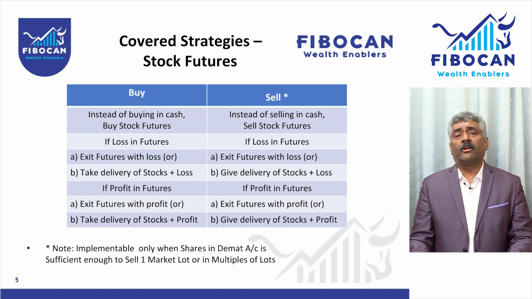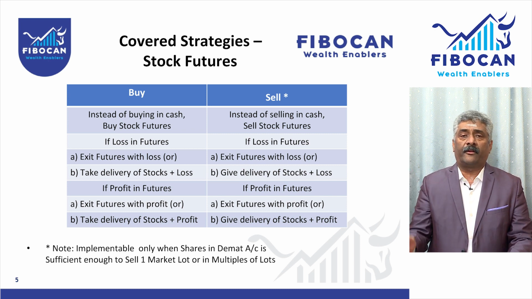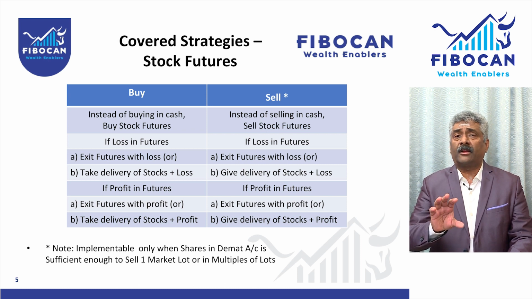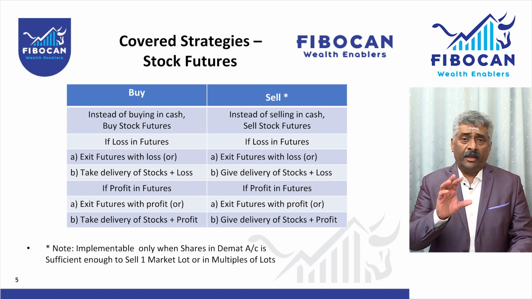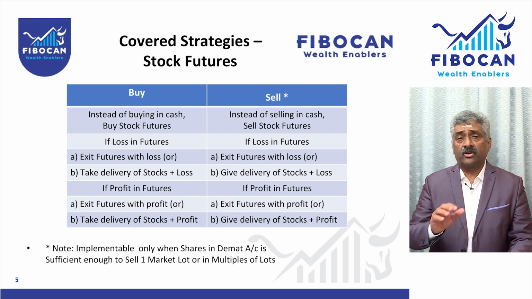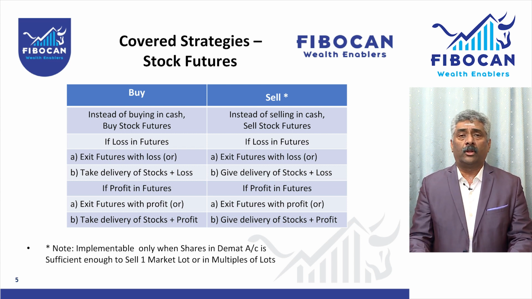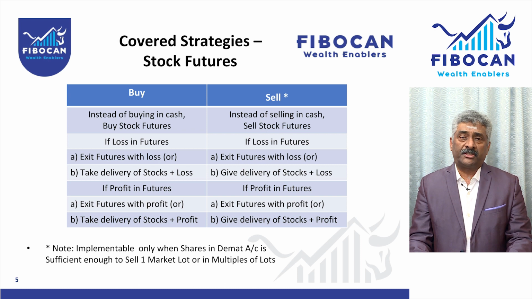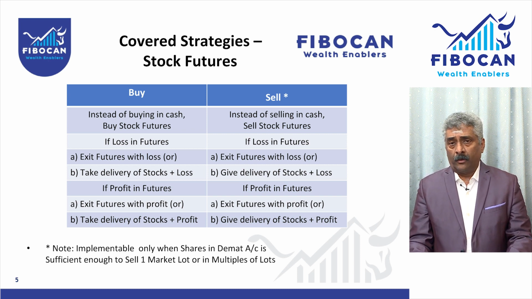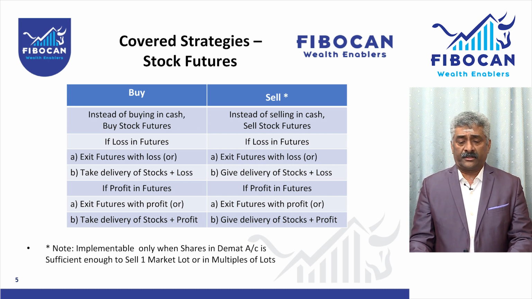At the end of the month, there are two scenarios. Of course, from now till the end of the month, you can enter or exit anytime. We are talking here about adopting a covered strategy, buying a future instead of buying a stock. Assuming you hold the futures position till the contract expires, there are two outcomes. One is that you exit with a loss.